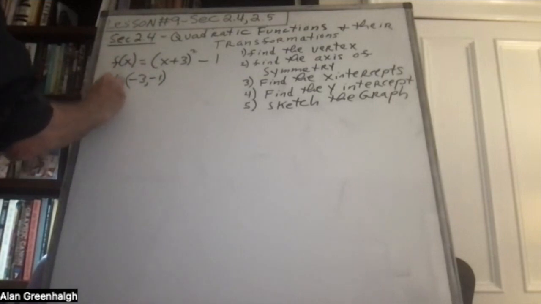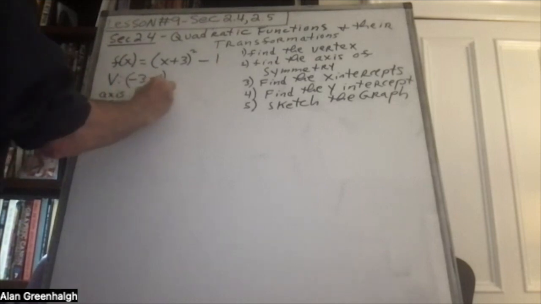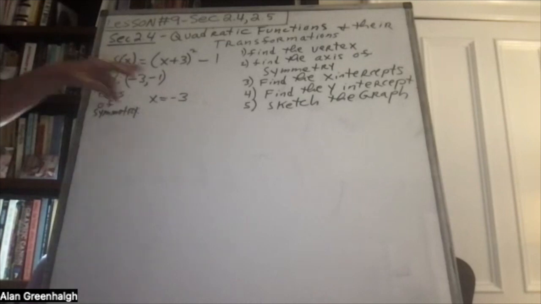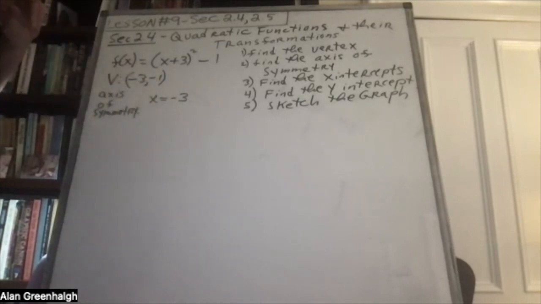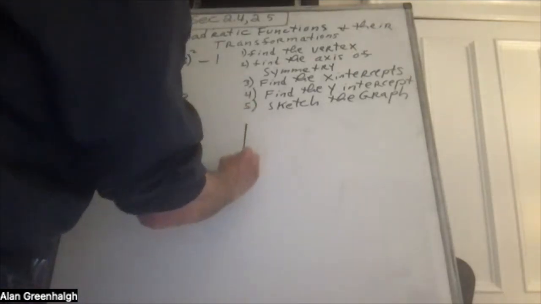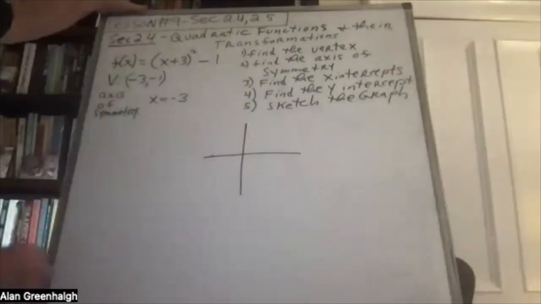Axis of symmetry. x equals -3. Okay, so the x will equal that number. And at this point, we could start to graph it. All right, so let's take a graph.